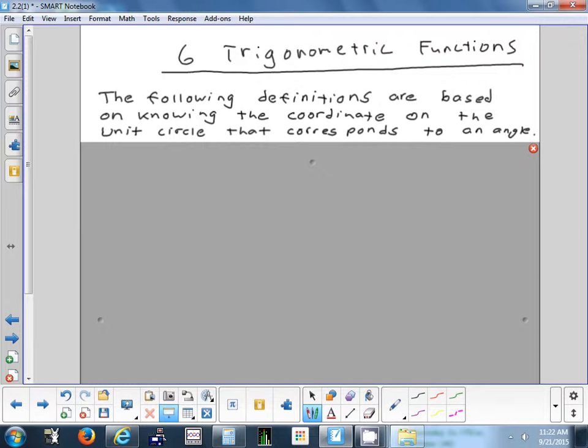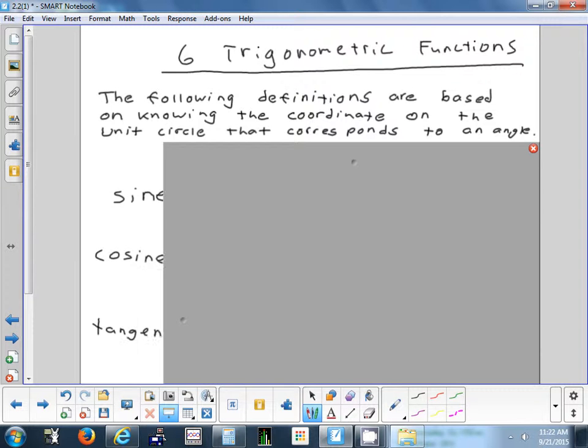Anybody know some of the functions we use in trig? There's buttons for them on the calculator too. Yeah? Sine, cosine, and tangent. That's the first 3 we're going to look at.